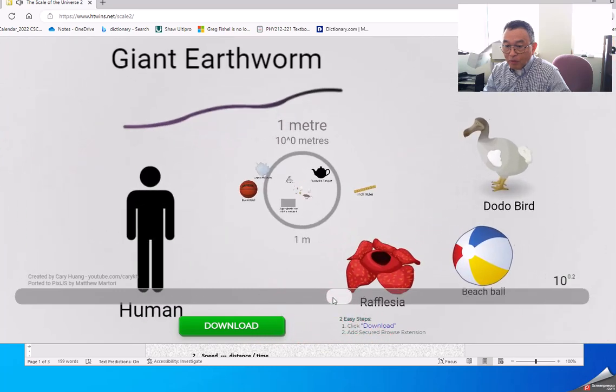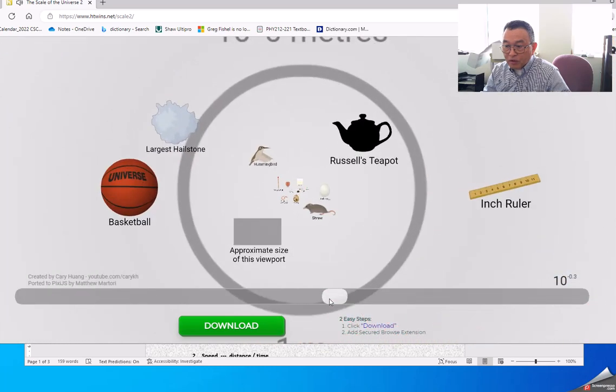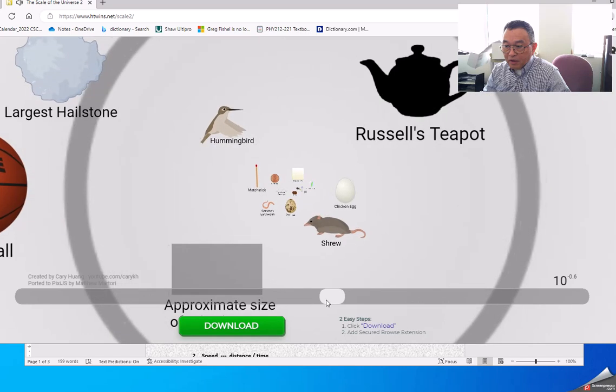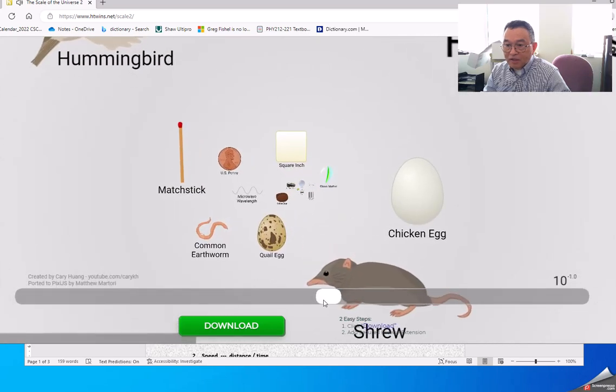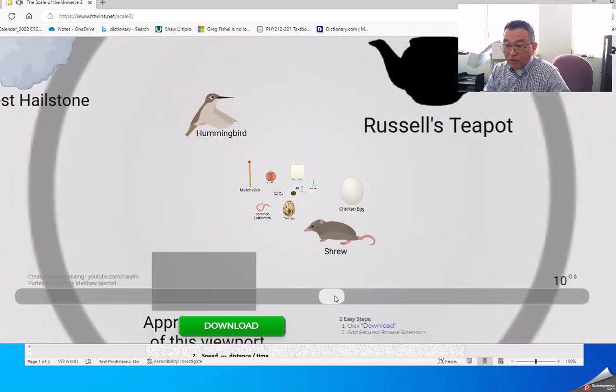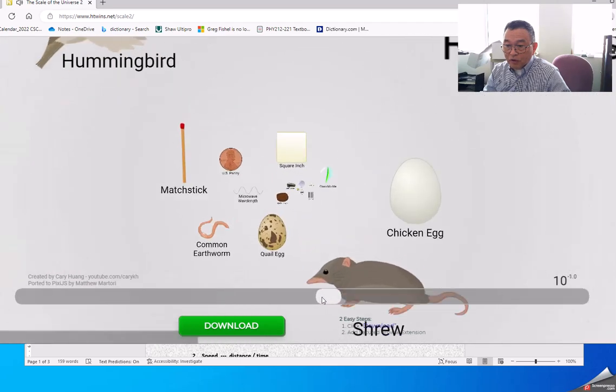If you zoom in, for example, to 10 to the negative 1, it's called a decimeter. What's in the decimeter is like the palm and the egg, or 10 centimeters.